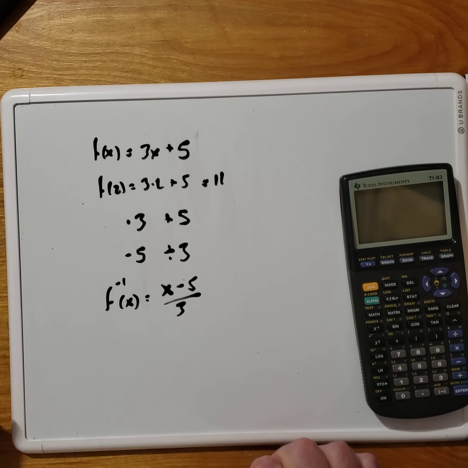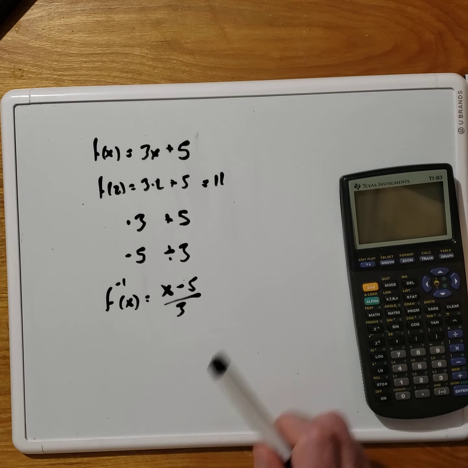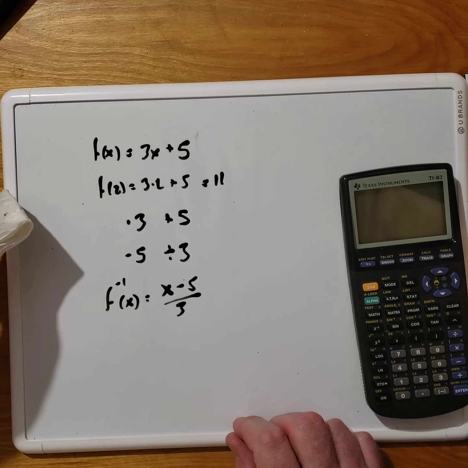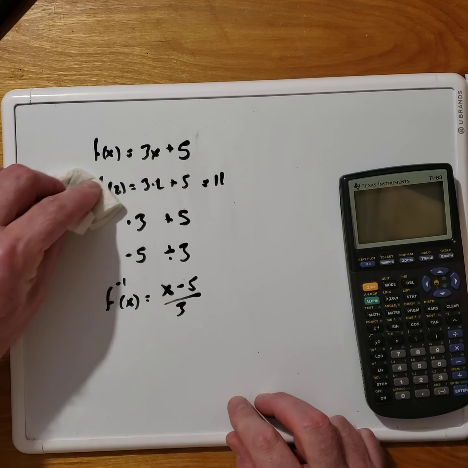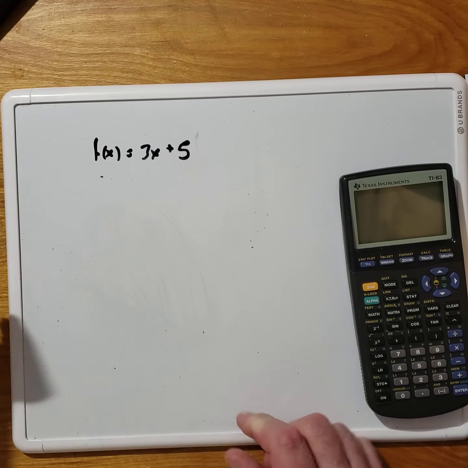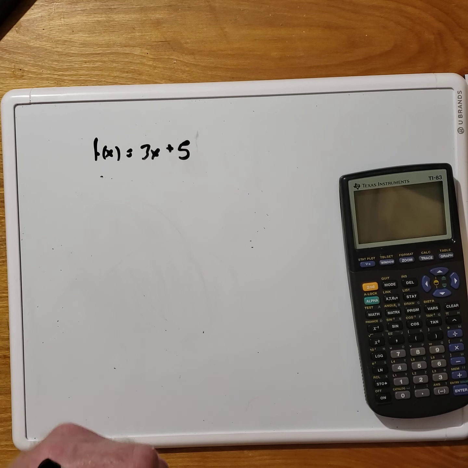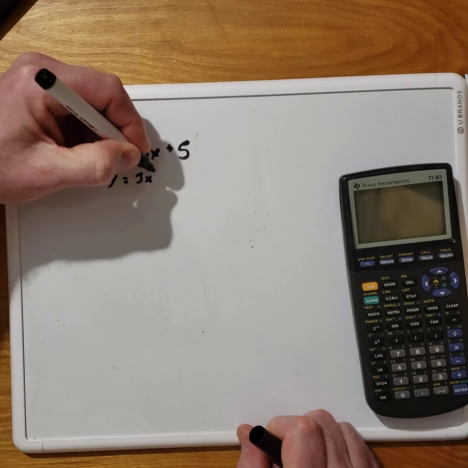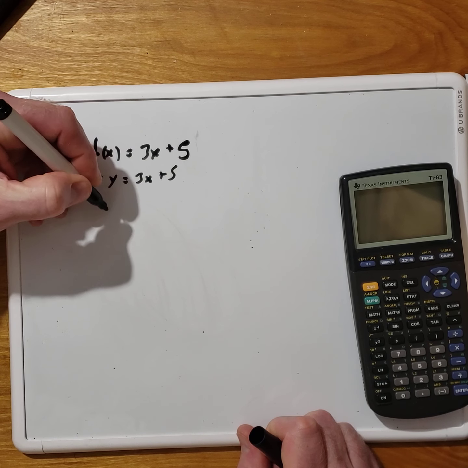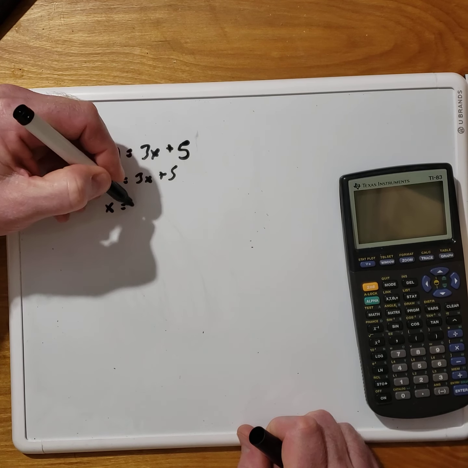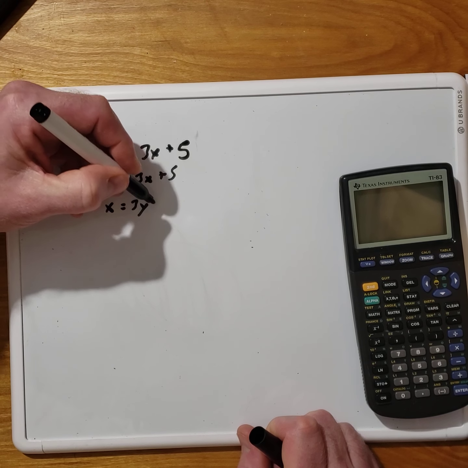Let's look at a slightly different way to think about that too. I prefer to think about it this way, but it doesn't work in all situations. It does work in all situations I'm going to expect you to deal with. The way the textbook is going to tell you to do this, and it's not a bad way to think of it, is think of this as y equals 3x plus 5. And then swap the x and the y. So everywhere we have a y, we put an x. Everywhere we have an x, we put a y.